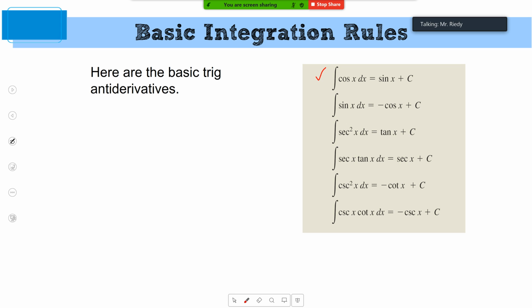Now, notice these aren't the other four. These are some wonky things that popped up out of nowhere. Where did those come from? Well, look at the other side. There's tangent, there's secant, there's cotangent, there's cosecant. So all 6 of them are represented. What we don't have on this slide is, what is the antiderivative of the tangent of x? What's the antiderivative of cosecant?